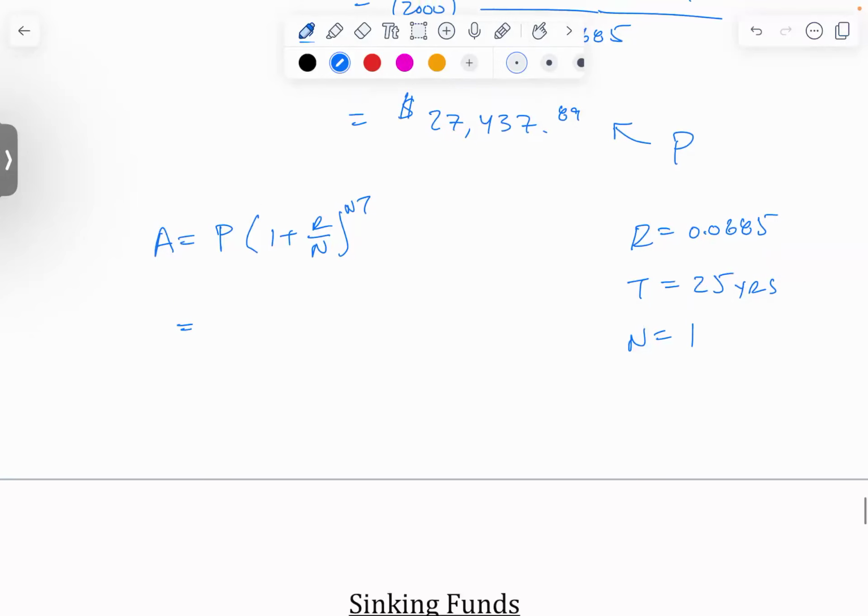So now let's calculate this again. Now, since I've gone through this a few times, I assume you can handle that calculation on your own.